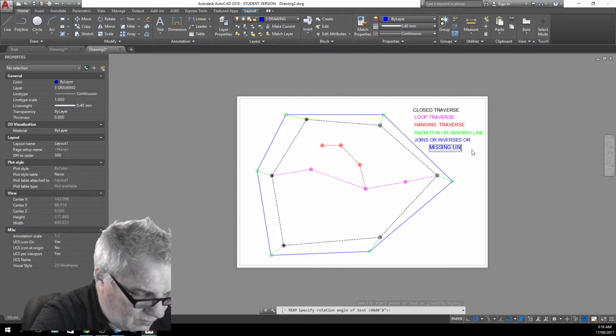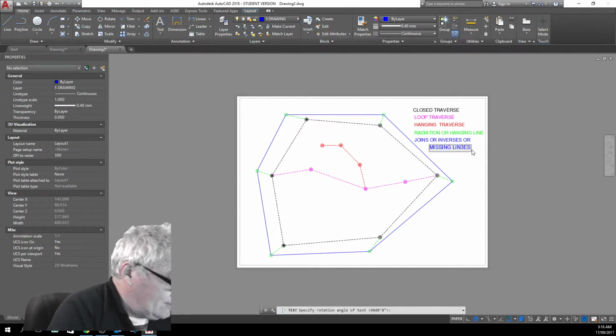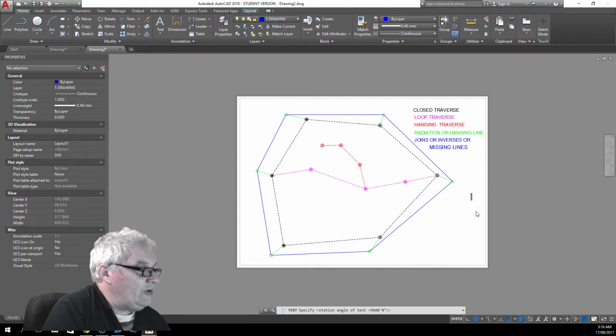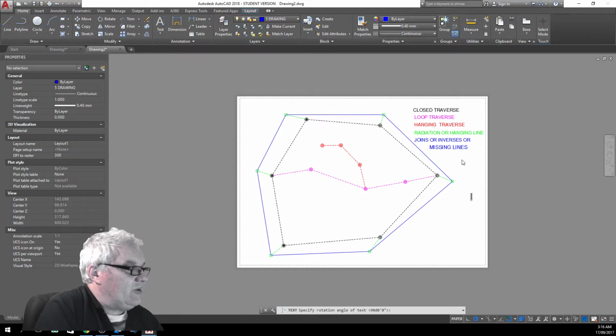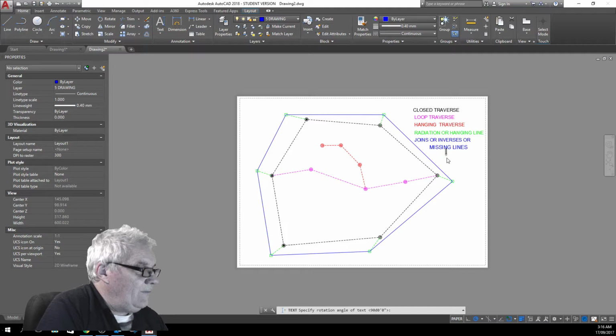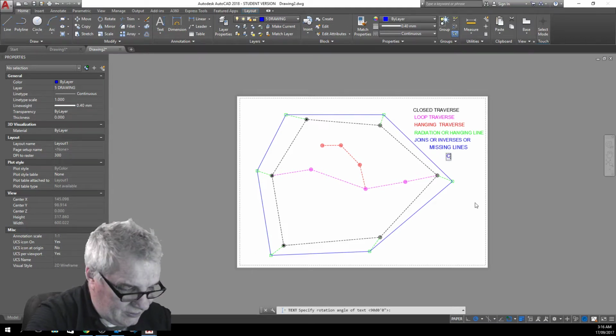Missing lines. So that's 3 again. Okay, so joins or inverses or missing lines, and they're solid lines. Perhaps I should just put calculated.